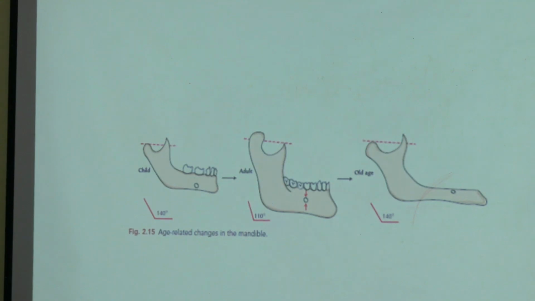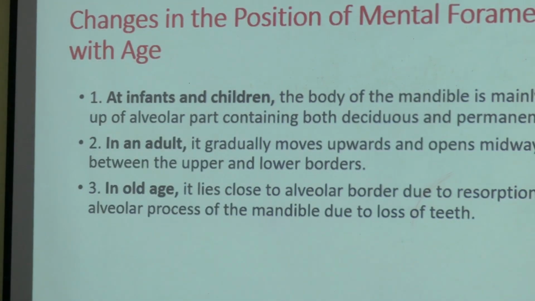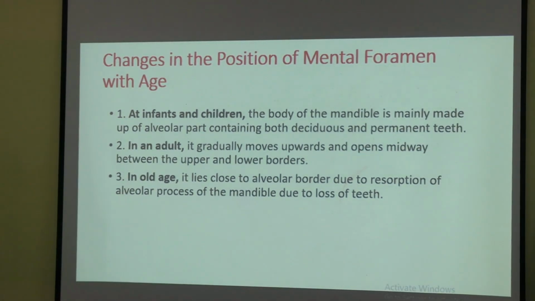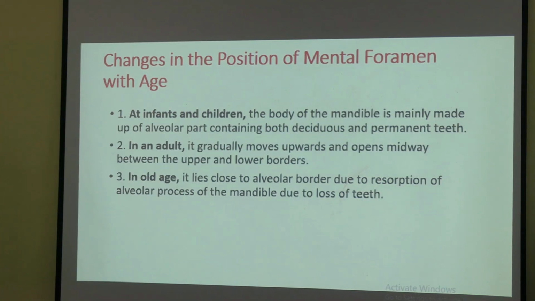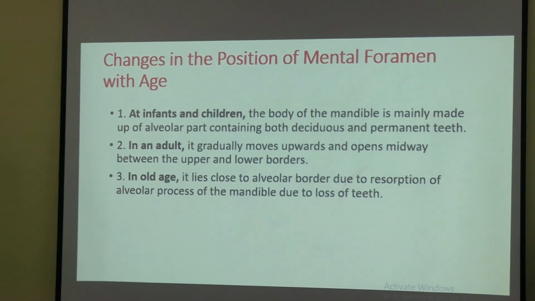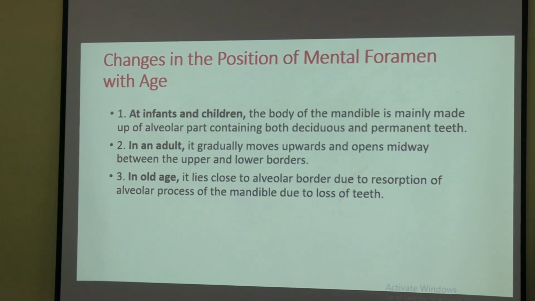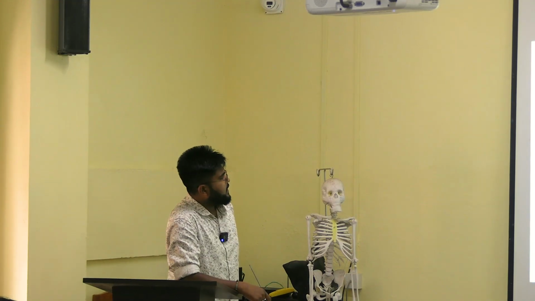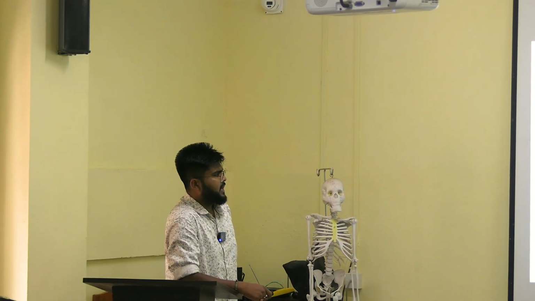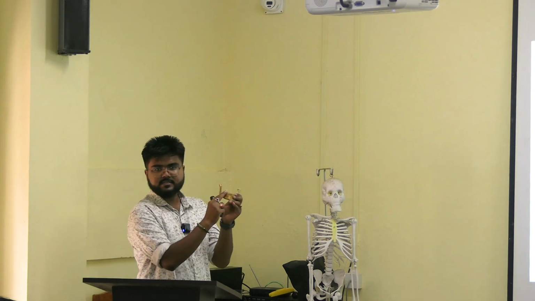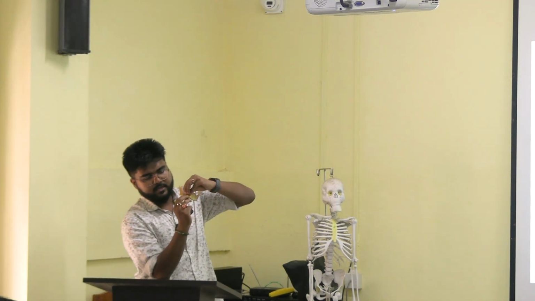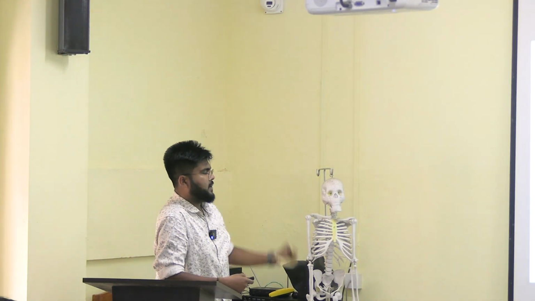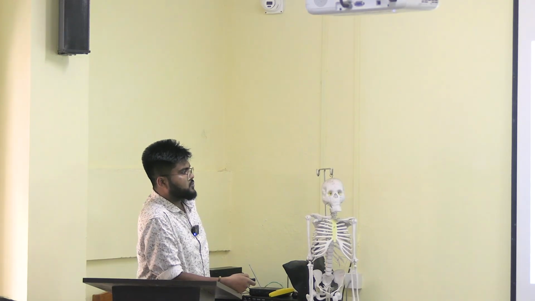See the reason. In infants and children, the body of the mandible is mainly made up of the alveolar part containing both the deciduous and permanent teeth. In the adult, it moves downward, lying between the superior and inferior borders. In old age, due to resorption of the alveolar process, it gets an upper position, close to the alveolar border.